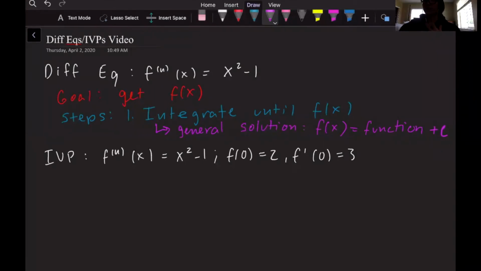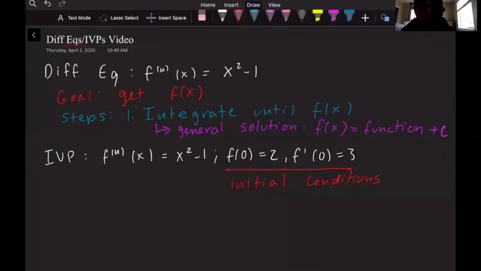So when we do IVPs, IVPs are a specific type of differential equation where we are given these things on the end right here. These are called our initial conditions, right? So our initial conditions are what we use to help us solve for this plus c in our general solution.